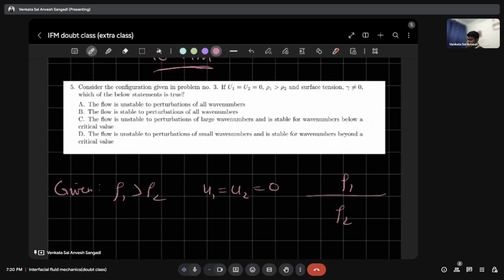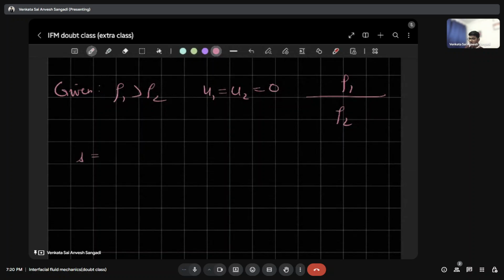So we'll have S is equal to the square root of rho 1 minus rho 2 by rho 1 plus rho 2 mg minus m cube gamma by rho 1 plus rho 2. This can be derived from the earlier expressions.